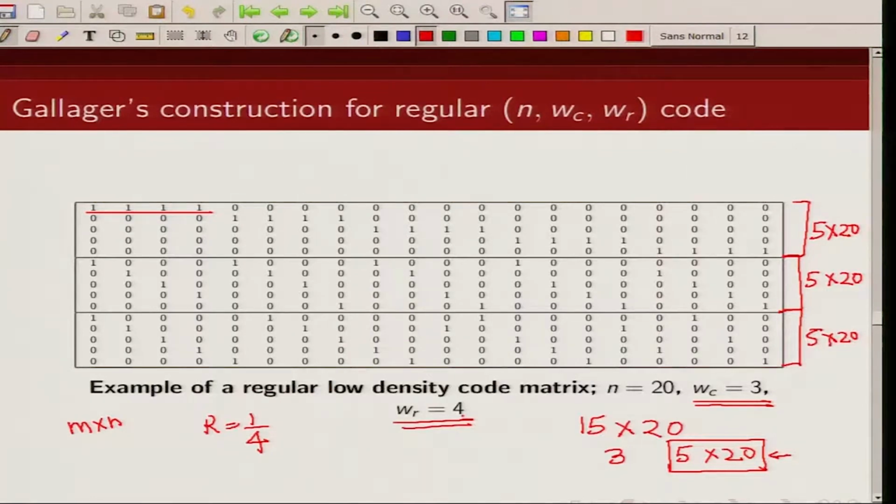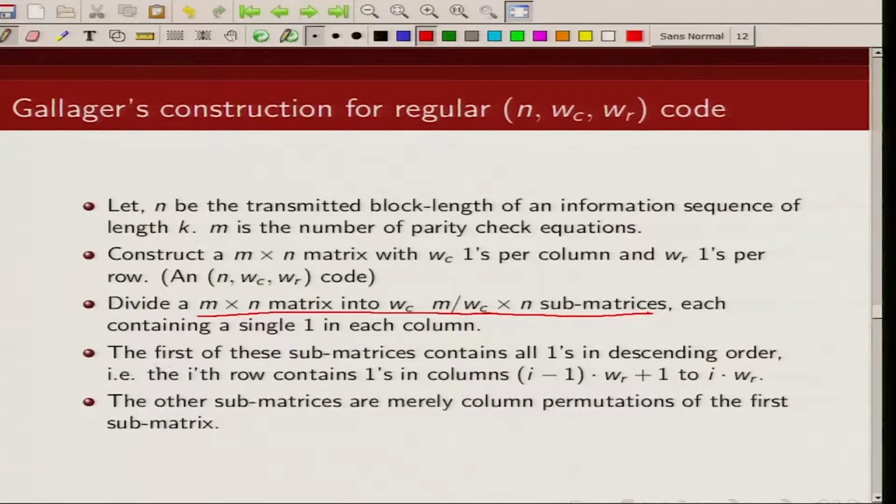Now, WR in this case is 4. In the 0th row you write from column 0 to 3, in the next row from 4 to 7, and like that you keep writing ones. So the first of these sub matrices contains ones in descending order, such that the ith row contains ones from location (i minus 1) times WR plus 1 to i times WR.